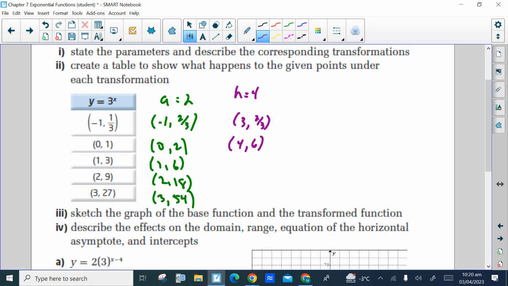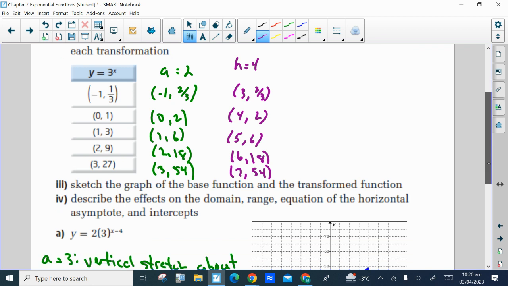We're simply adding 4 to all the x values. And so these points we can put on our graph and then sketch our new one.